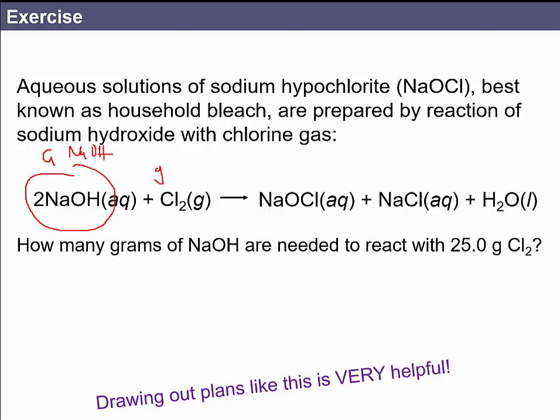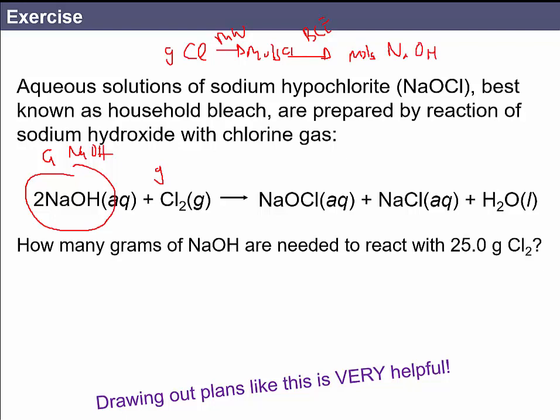When you do this, coming up with a plan can be very, very helpful. In our plan, we're going to take our grams of chlorine and convert that into moles of chlorine, and we'll do that using our molecular mass. From our moles of chlorine, we'll use the balanced chemical equation to figure out the number of moles of sodium hydroxide we would have.